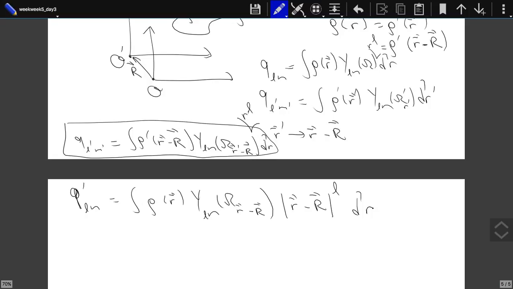For L equal to, let's say, 1, we know what Y_LM is more or less, so we can proceed a bit further. Well, for each L, you should actually just do it.